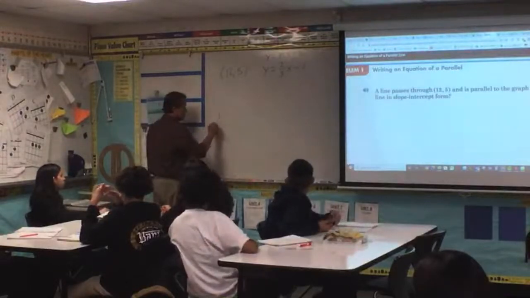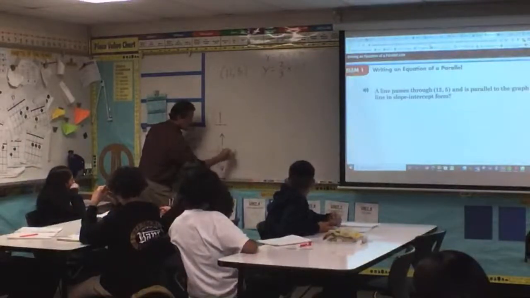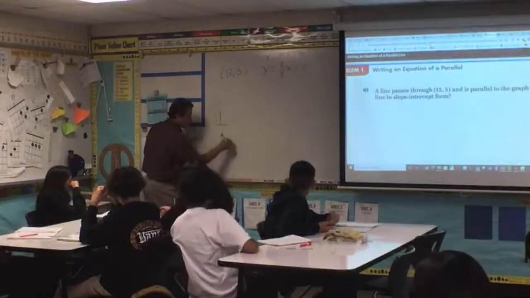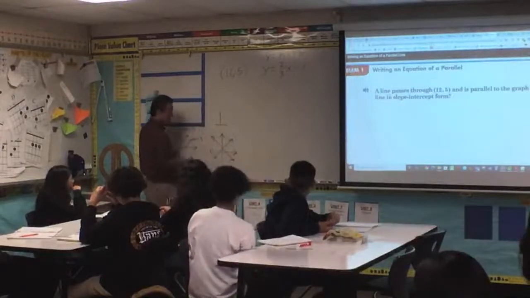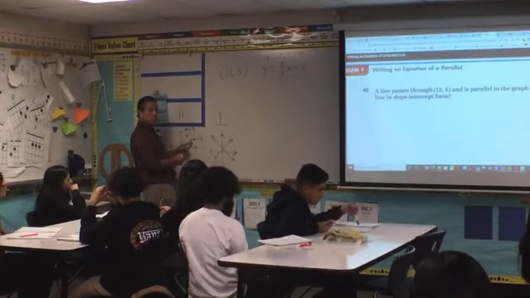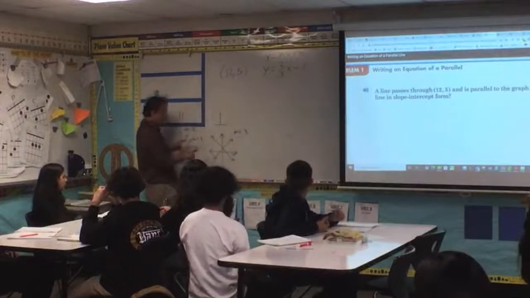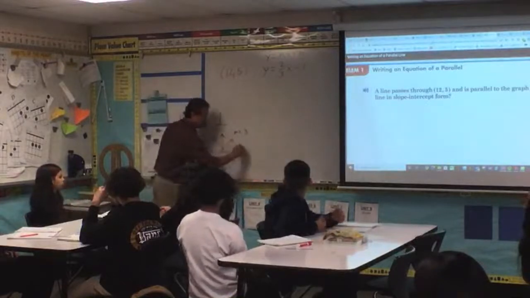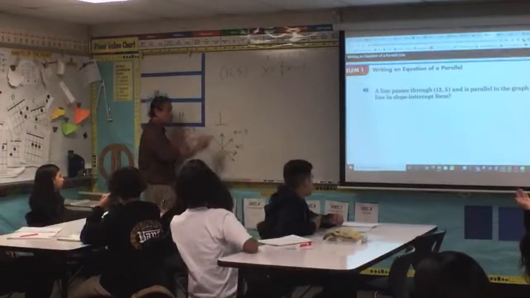Now let's go to perpendicular. I have a graph like this, and I have one line going up and another line crossing at a 90-degree angle. What criteria must be met for the slopes? This line might be 3, but this line has to be both opposite and reciprocal.